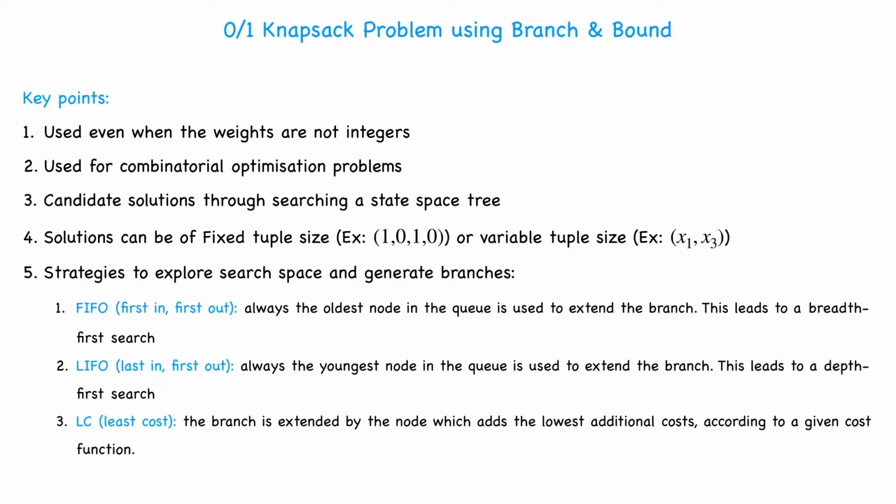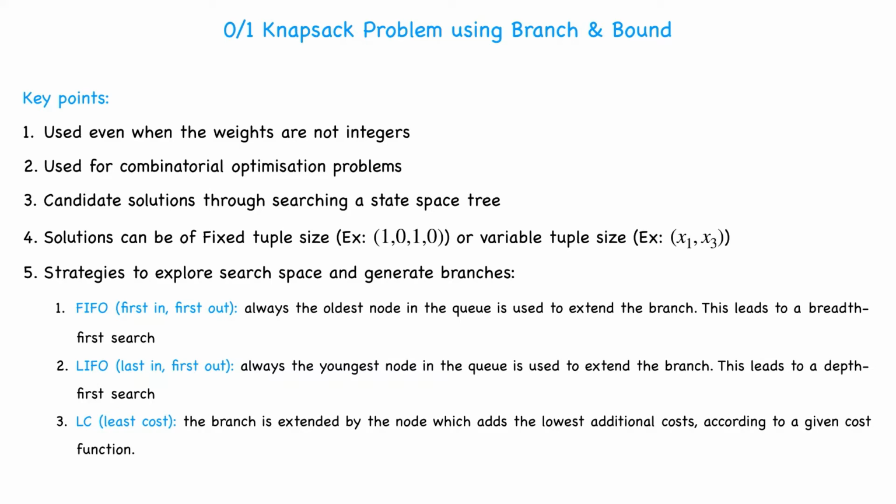We encounter these three categories because when we grow the tree, there are multiple choices for which node to consider next. The first approach is to take the oldest node in the queue, and LIFO is to take the node which is the youngest in the queue.